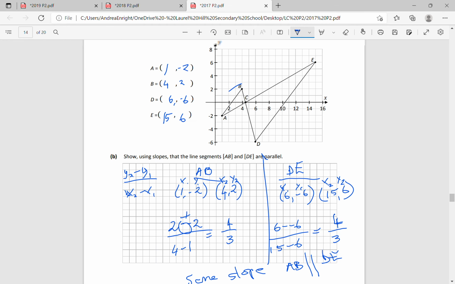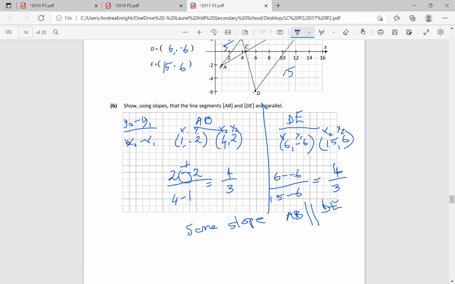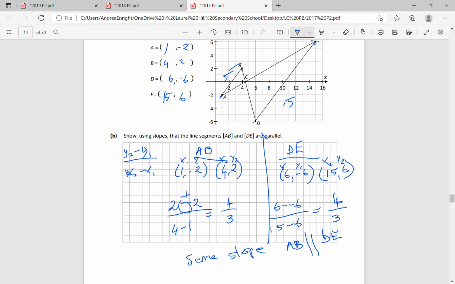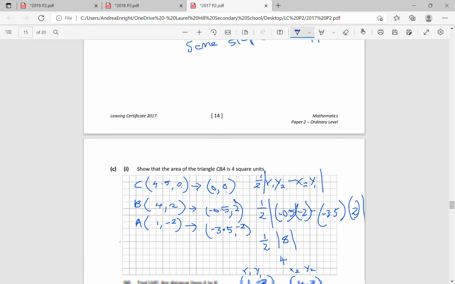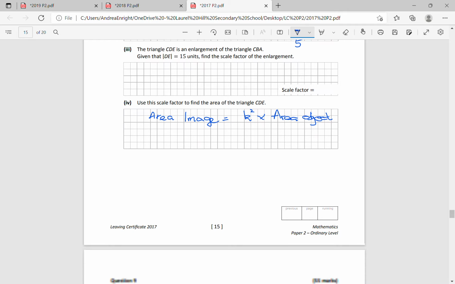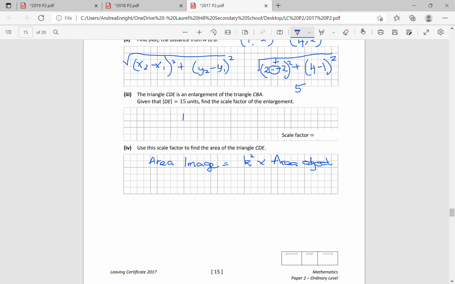DE is the length of this line here, from D to E, and it measures 15. And we've just figured out that A to B measures 5. So how do you go from 5 to 15? It was 5, it's now 15. That line is 3 times bigger. So you would do 15 divided by 5, and the scale factor is 3.